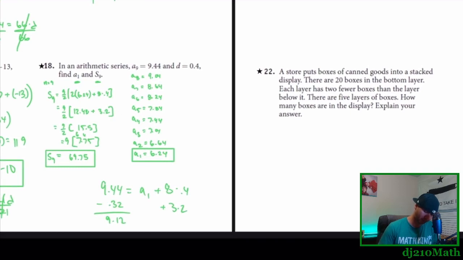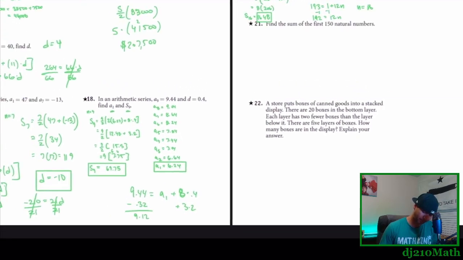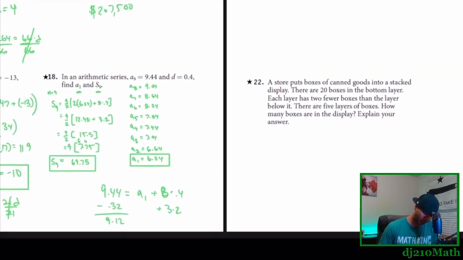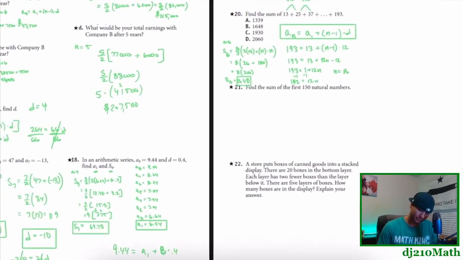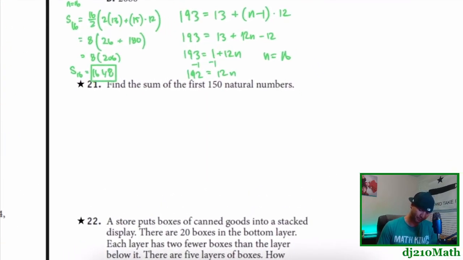So 9 minus 1, which is 8. Times the common difference of 0.4. Oh, I see my error. 3.2, bro. So 4, 2, 6. 6.24. And that's exactly what A sub 1 is. So that's interesting for sure. All right.